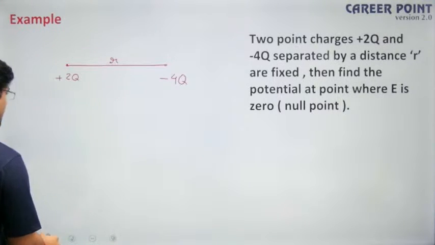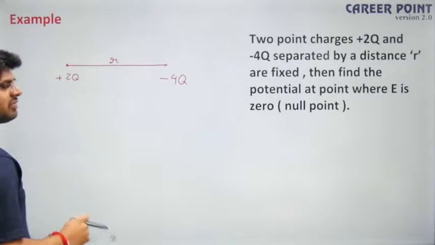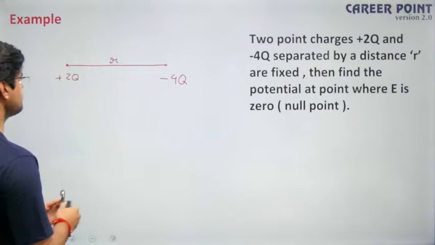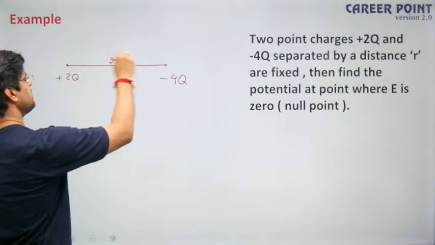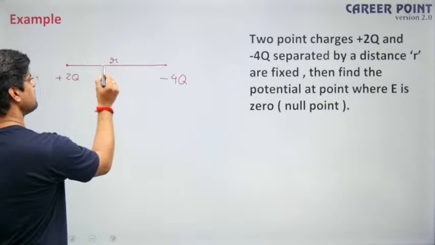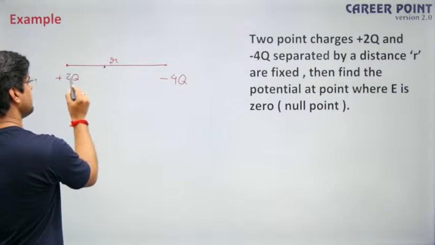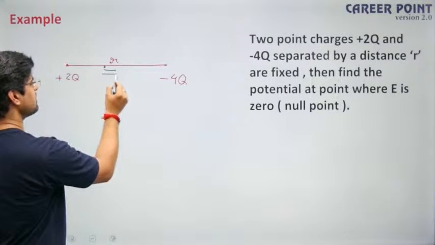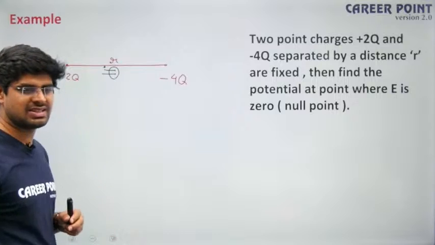First of all, I will have to find, is there a point where electric field is 0? Let's search for that point. If I take any point in between them, suppose I am taking a point here, electric field due to plus 2q will be like this, electric field due to minus 4q will be like this. They are adding up because they are in the same direction.